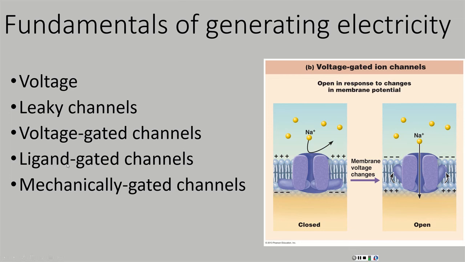So another word for ligand-gated channel, sometimes you will hear it called a chemically gated channel. Well, ligand-gated or chemically gated channels open or close in response to something attaching to it. It's kind of like when you put a key in your lock. If you fit the right key in your lock, that lock will open. If we fit the right ligand onto this channel, the channel will open.